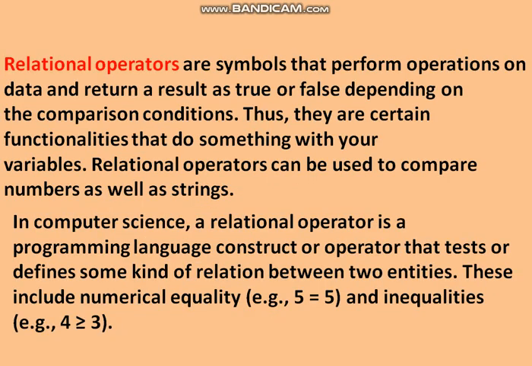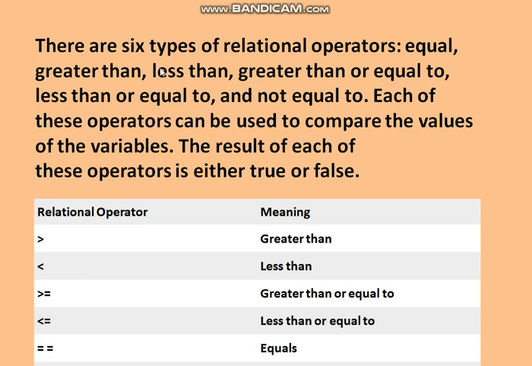Relational operators are symbols that perform operations on data and return a result as true or false depending on the comparison conditions. There are 6 types of relational operators: equal to, greater than, less than, greater than or equal to, less than or equal to, and not equal to.